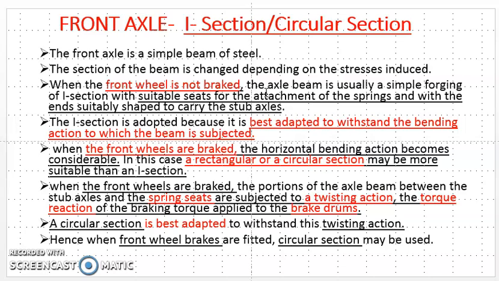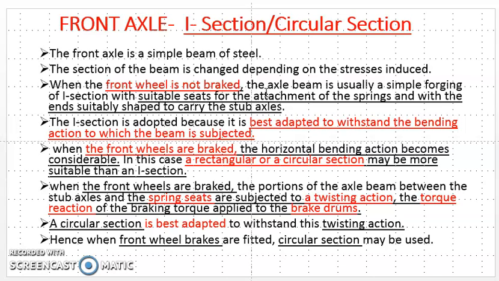If the front wheel is provided with brake, then what happens? The horizontal bending action becomes considerable and a rectangular or circular section is more suitable than I section. Okay, because the axle beam between the stub axle and the spring seats is subjected to twisting action or torque reaction.